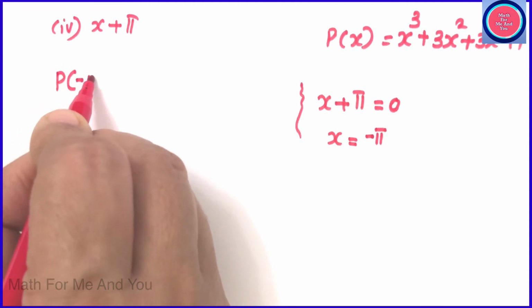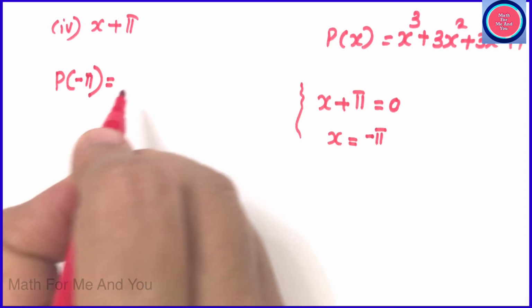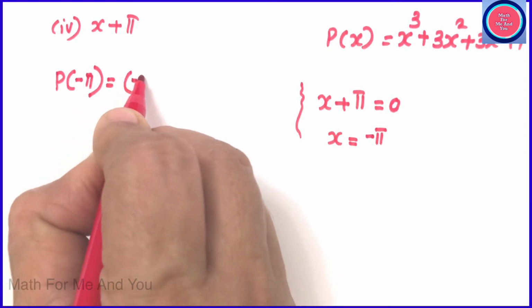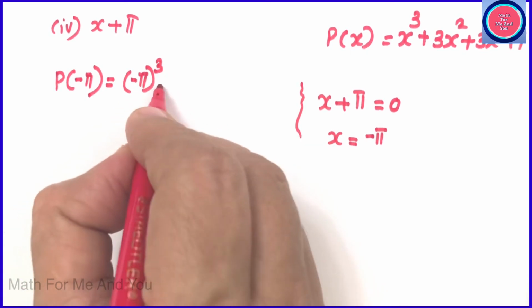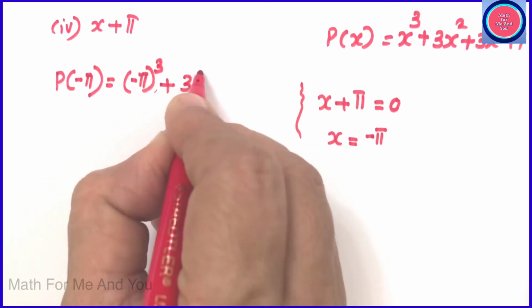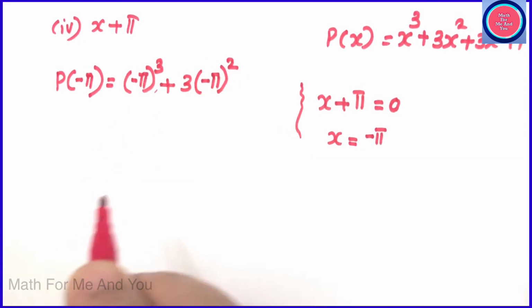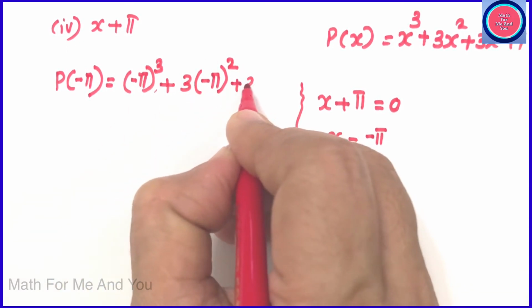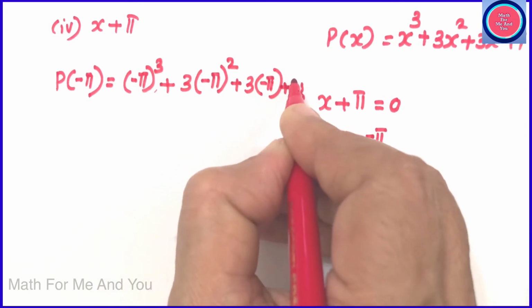So the left side becomes p of minus pi. Right side, minus pi, I am keeping in bracket. Then give the power. Minus pi power 3 plus 3 times, again minus pi we keep in bracket, then power 2 plus 3 times, again minus pi in bracket, then plus 1.